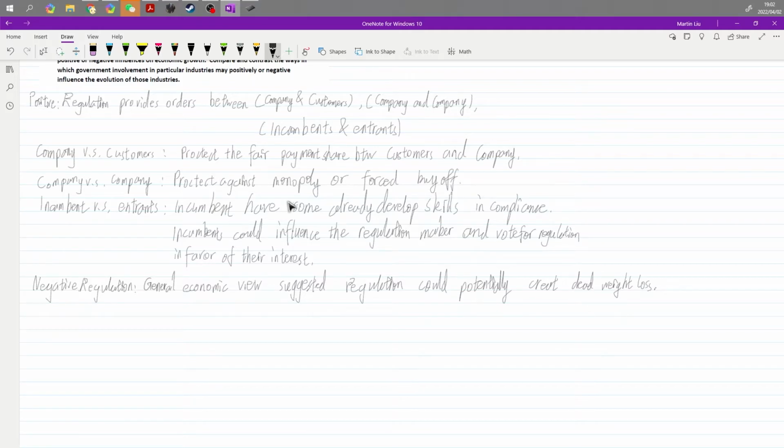Some other things to mention in a more micro, more general sense: regulation could instill trust in the industry.